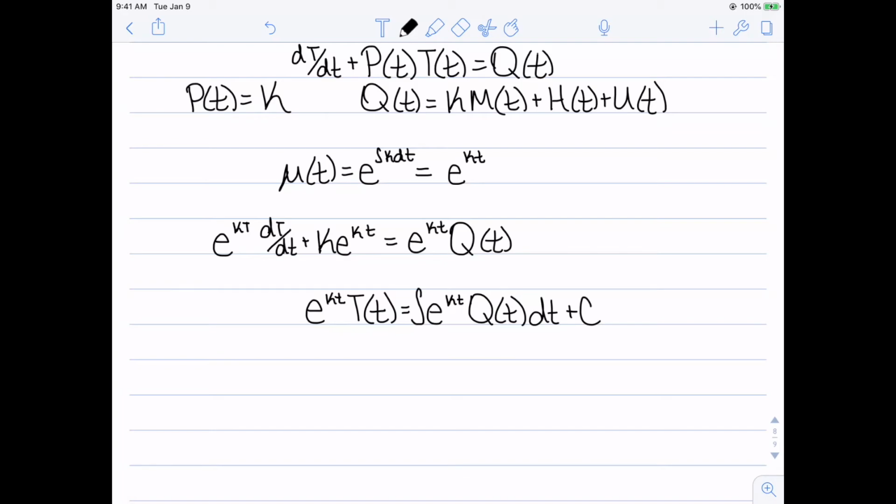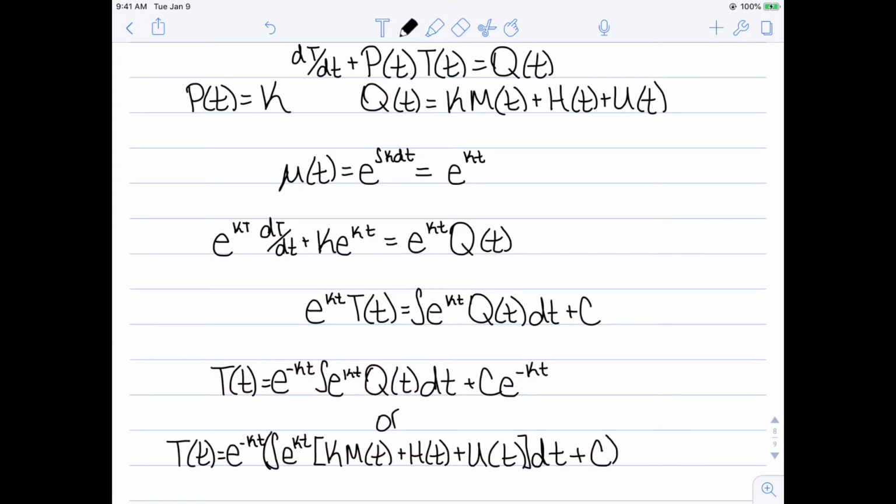That gives us e to the kt times capital T of t is equal to the integral of e to the kt times Q of t dt plus C. Solving for capital T of t, I then get e to the negative kt times the integral of e to the kt Q of t dt plus C times e to the negative kt. Or we can rewrite that as capital T is equal to e to the negative kt times the integral of e to the kt times (k M of t plus H of t plus U of t) dt plus C.